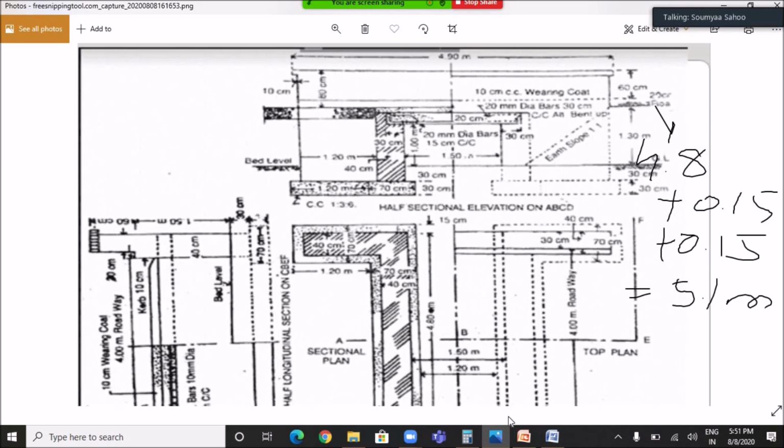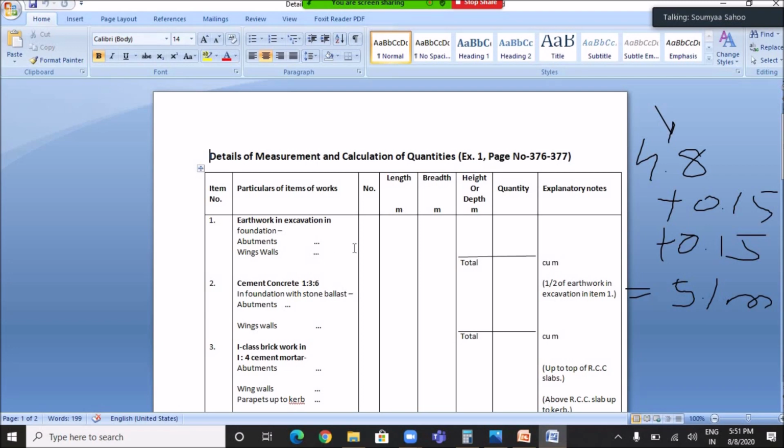So let's quickly fill the table. And the number of abutments first is 2 number of abutments.